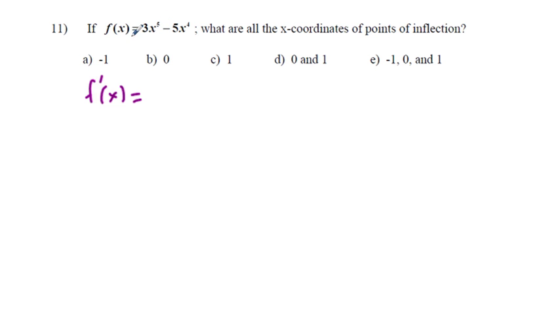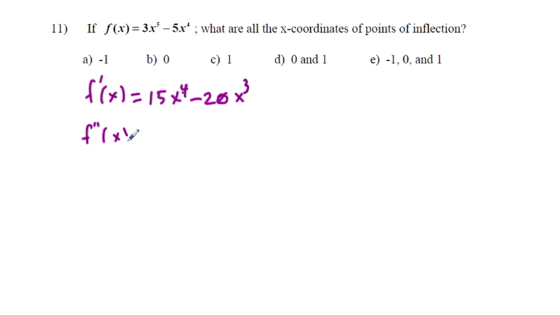So we have 5 times 3, which is 15, x to the 4th, minus, we have 4 times 5, which is 20x to the 3rd power. And I got this one thing wrong up there. Squared is to the 4th. There we go.